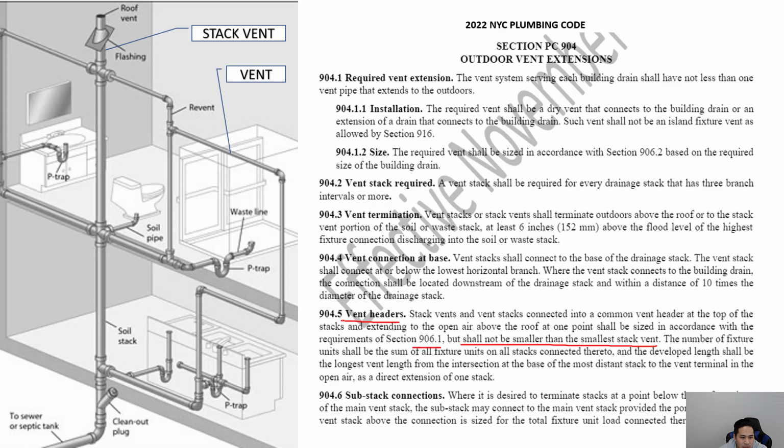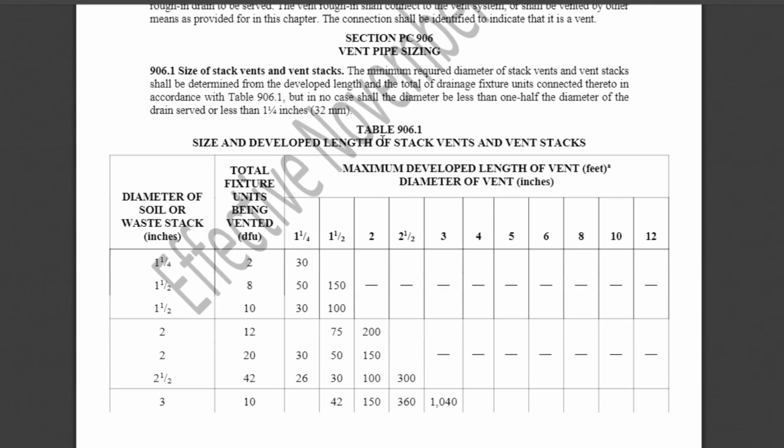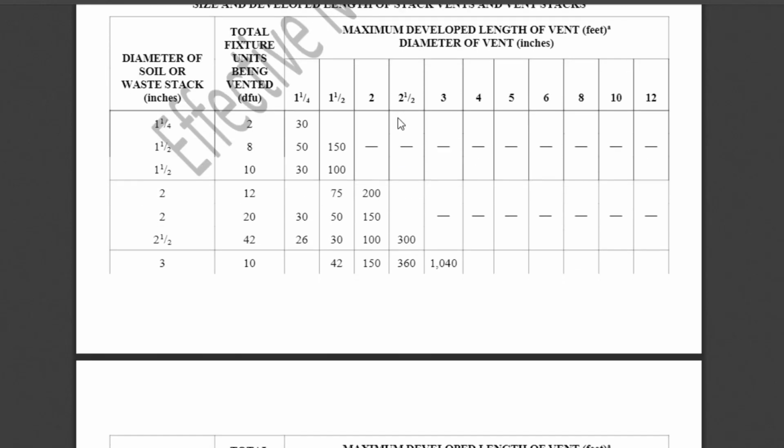So in order to size these vent headers, which is just the stack vent and vent stack, you would read this section right here, this table 906.1, which specifically states these are the sizes for the stack vent and vent stacks. Now, if you want to look towards the bottom for common vents and individual vents, they are in different tables.